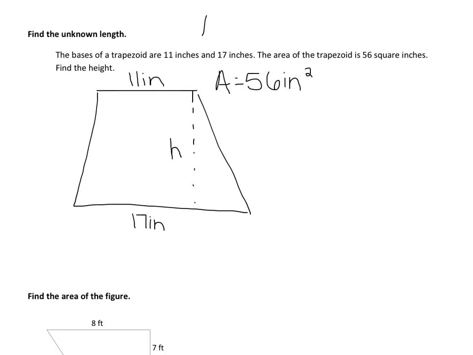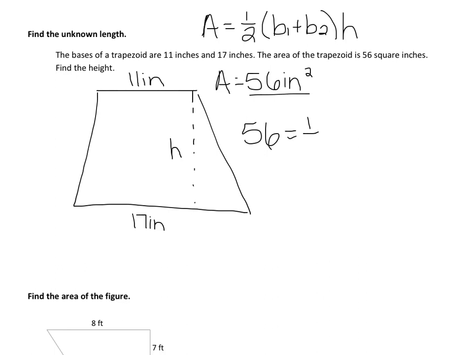So let's rewrite that formula that we used on the last problem, just so it's nice and handy for us. Remember, 1/2 times base 1 plus base 2, and multiply that by its height. We're going to plug in the numbers that we know. If we start from left to right in that formula, I start with A. Well, I know what A equals. A is 56, so instead of area, we're going to plug in 56.